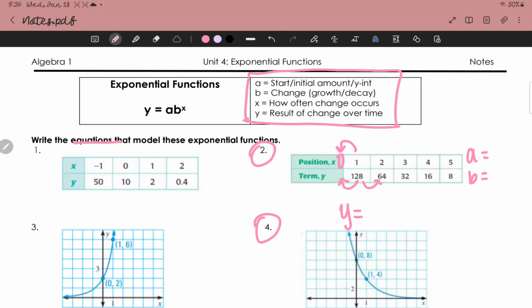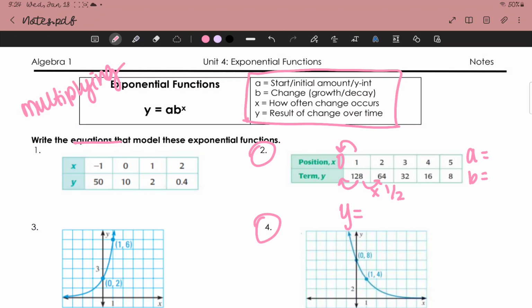So how are they getting initially from 128 to 64? I'm dividing by 2. But for an exponential function, I always need to be multiplying, if you remember. So instead of saying I'm dividing by 2, just say I'm multiplying by a half, because dividing by 2 is just taking half of that number.